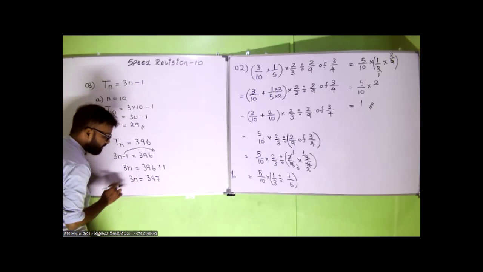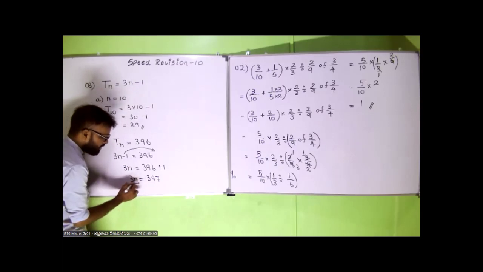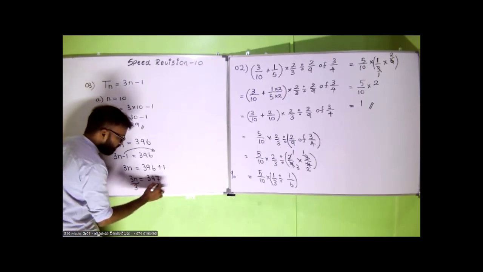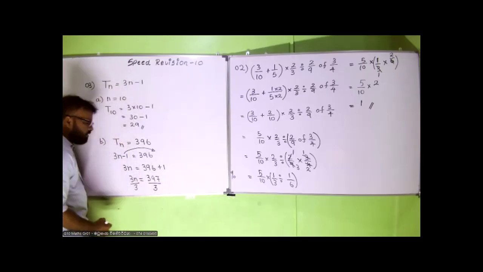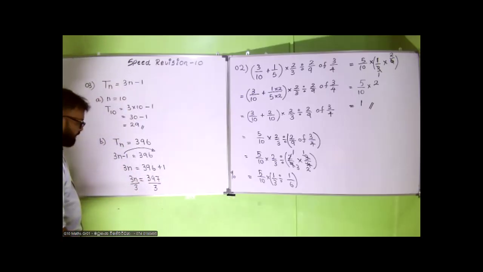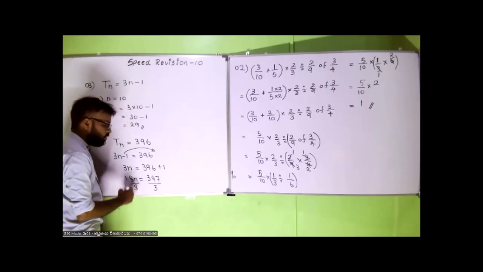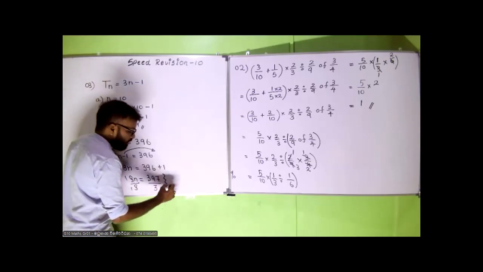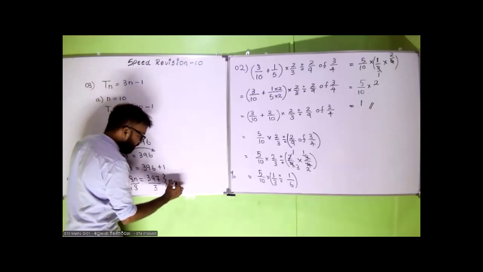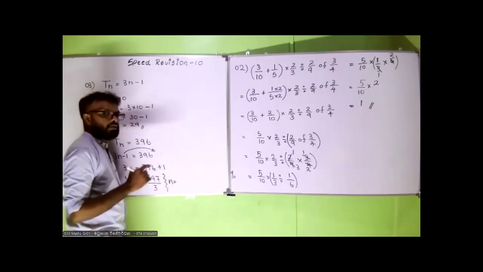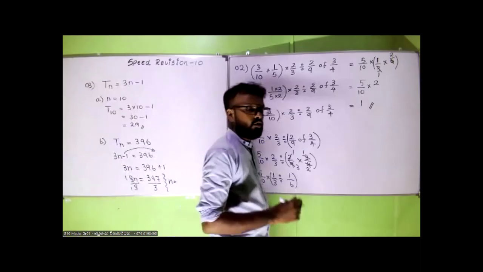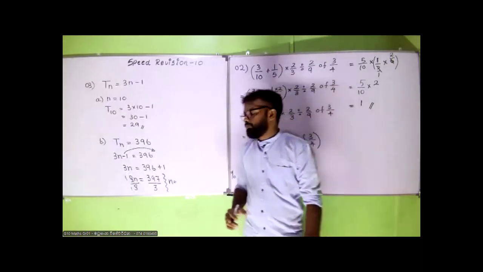It is 3n, right? Okay, I'm going to divide both sides by 3. So, can you divide 397 by 3? Can you obtain an integer?